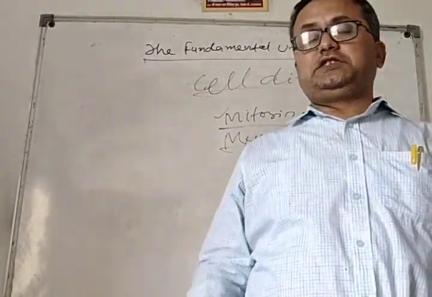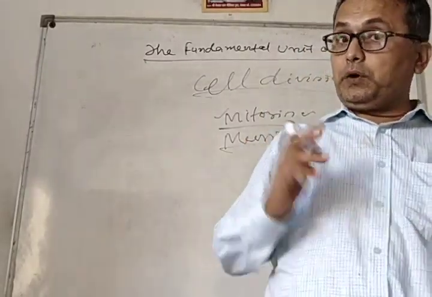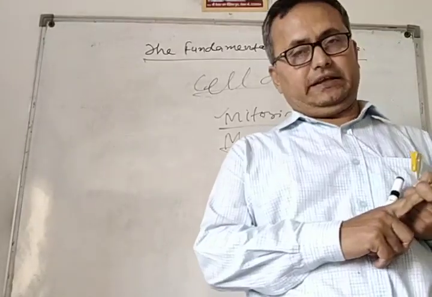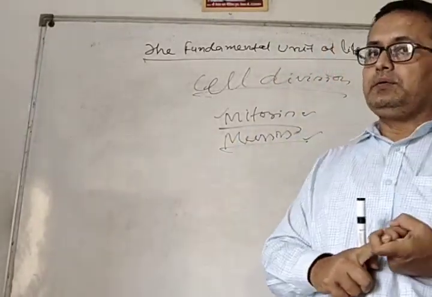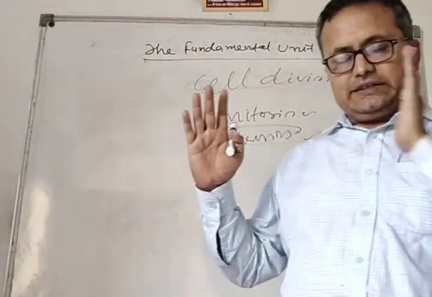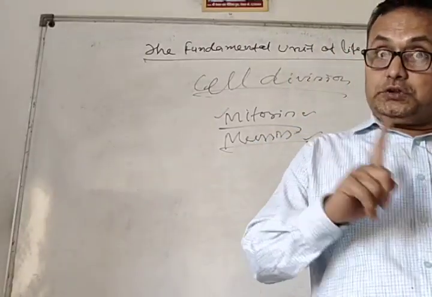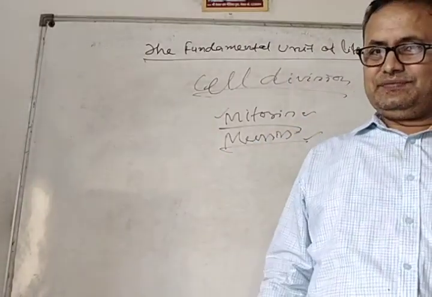Such division is known as mitosis, and the number of chromosomes present in a parent cell is equal to the number of chromosomes present in a daughter cell. So it is known as equational division.